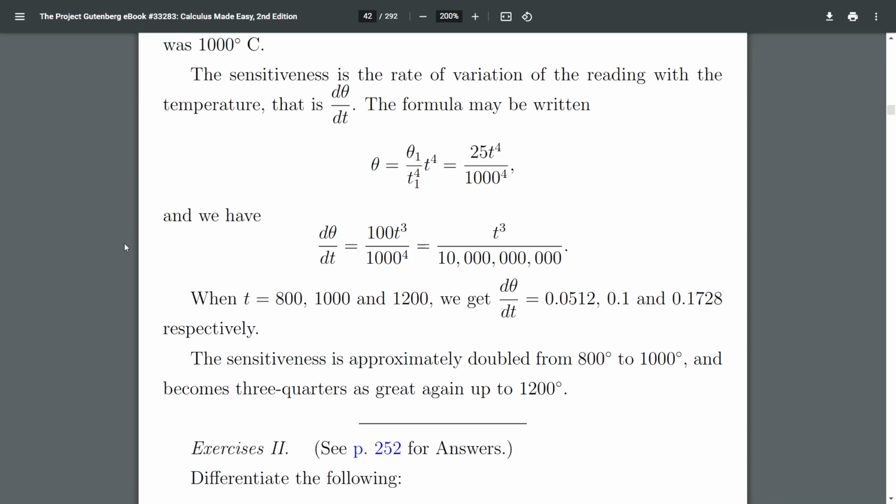When T is equal to 800, 1000, and 1200, we get d theta by dT is equal to 0.0512, 0.1, and 0.1728 respectively. The sensitiveness is approximately doubled from 800 degrees to 1000 degrees and becomes 3/4 as great again up to 1200 degrees.